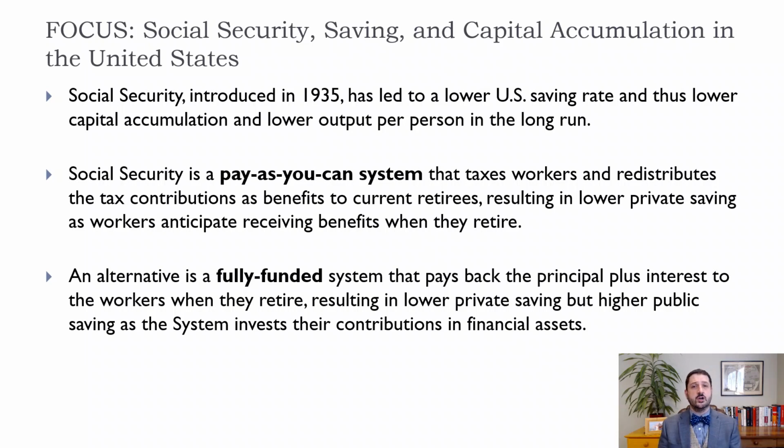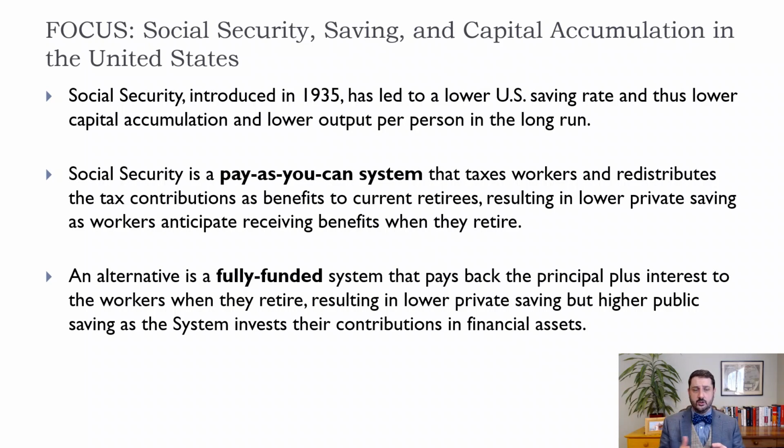It's a pay-as-you-go system. And a pay-as-you-go system means that we tax workers, right? So people who are working pay a payroll tax. There's both an employer side and an employee side of that tax. And then those tax revenues go to pay the benefits for current retirees.